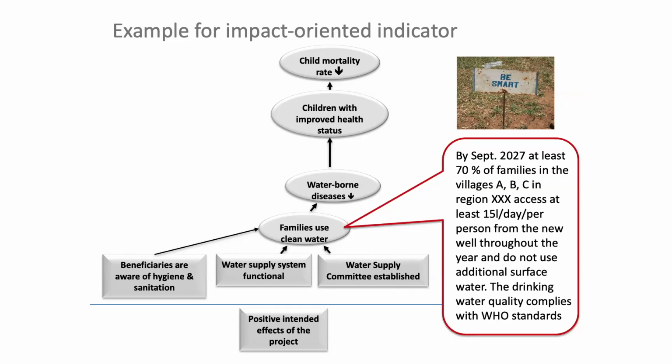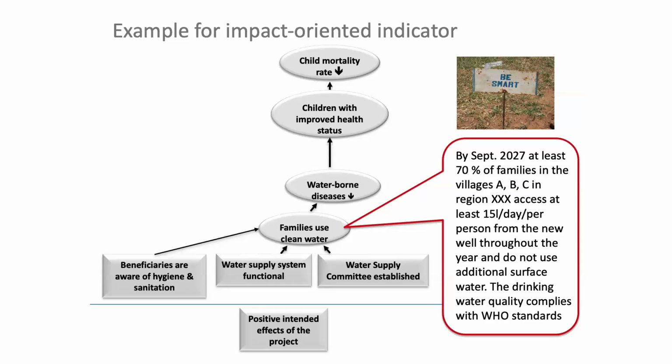Of course, this indicator should not be measured only at the end of the project, but for example, 4 weeks after the water system has been inaugurated. Why? Because if after 4 weeks, no one or perhaps only very few people of this community are using the water from the new well or ignoring their hygiene measures, it can be assumed that things will not get better after these 4 weeks.